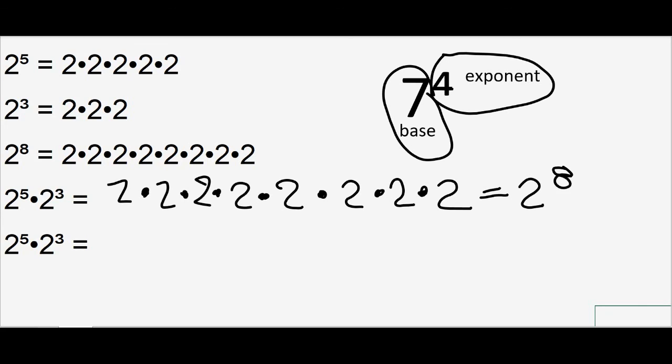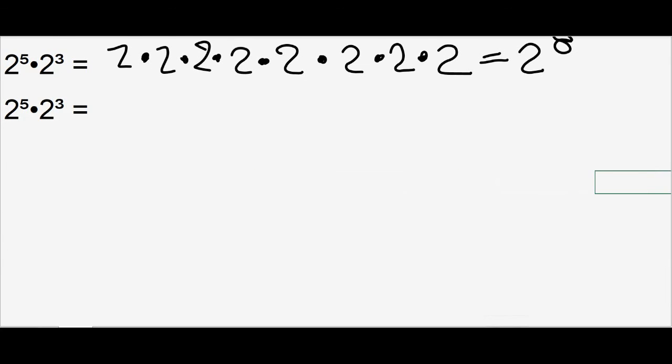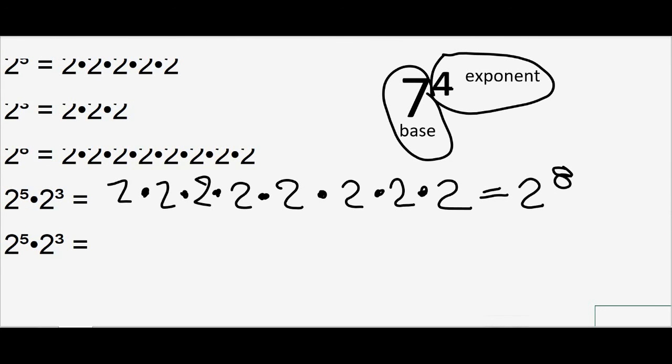And if I think about what really happened, I wrote 5 2's, and then I wrote 3 more 2's. So I had 2 to the 5. I got my 8 by writing 5 2's and then 3 more 2's.